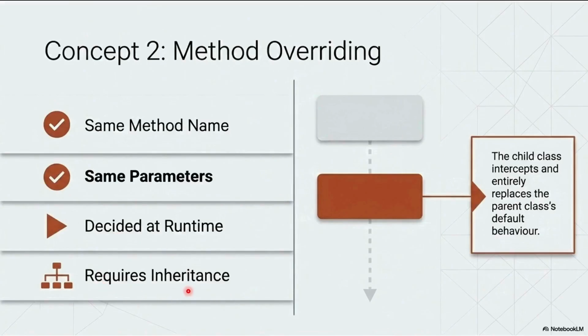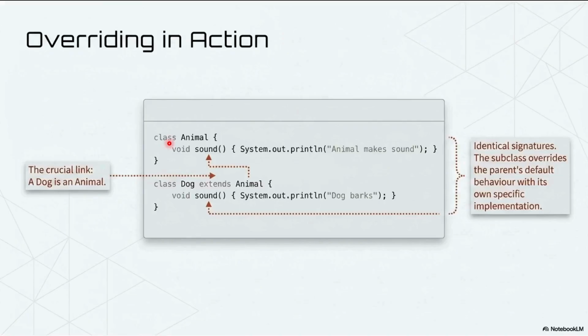Very, very important: it requires inheritance, because there will be a parent class, and from that parent class we will have a derived class. Both classes will have the same method name and exactly the same parameters. The child class intercepts and entirely replaces the parent class's default behavior. So this is the basic difference between method overloading and method overriding. These are the rules.